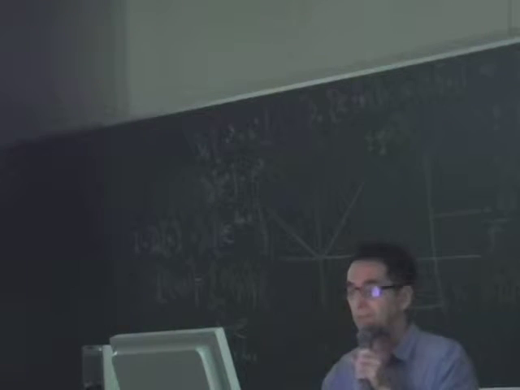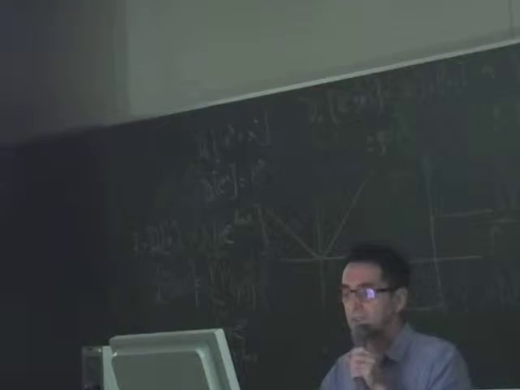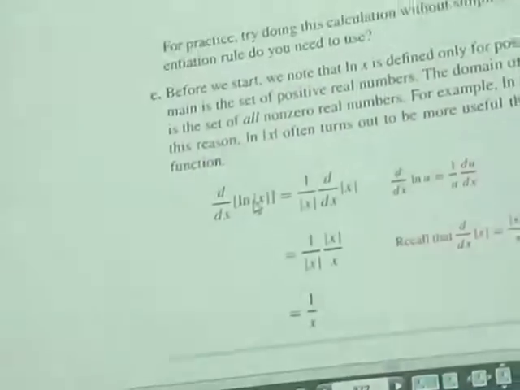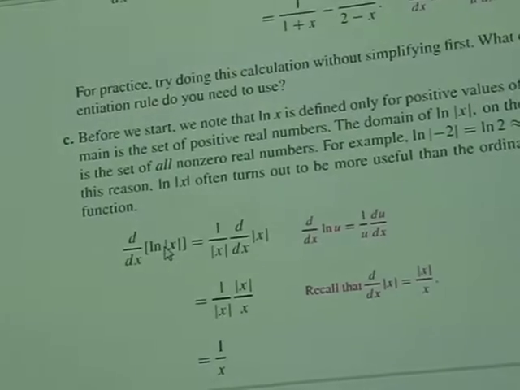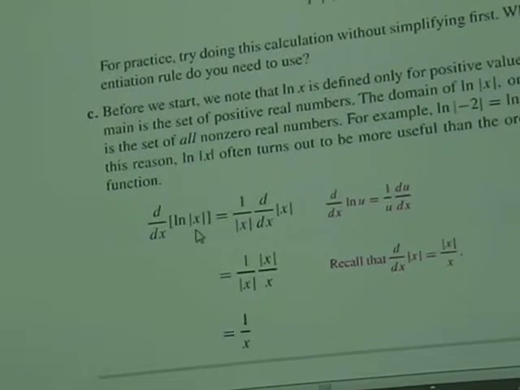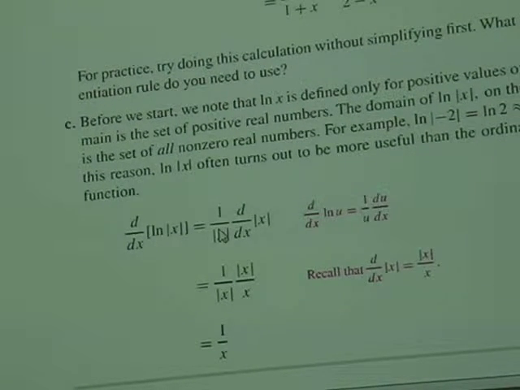So, let's look here. This is the chain rule. The derivative of ln is 1 over whatever's inside. So that's 1 over the absolute value of x times the derivative of the absolute value function. But the derivative of the absolute value function can be written like this. This is going to be 1 and negative 1 in the right places, if you think about it.